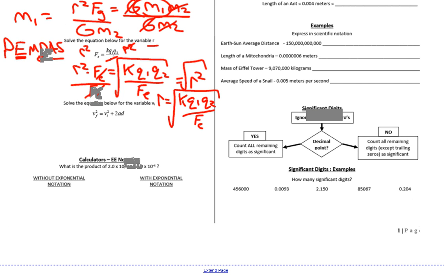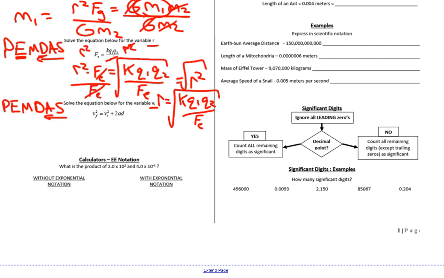The last example here for the algebra is solving for the variable vi. vi stands for initial speed or initial velocity, and in this case we have to be careful because we're not just jumping right to the division or multiplication. We have to deal with the addition.